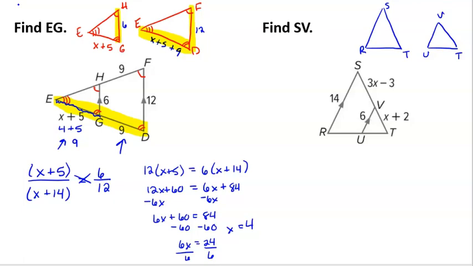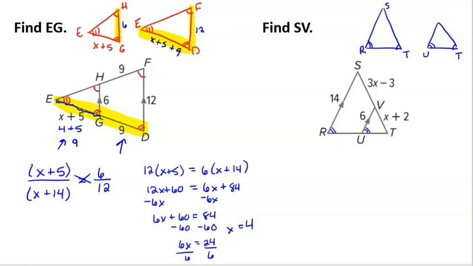And then remember, T's are going to be the same by the reflexive, and then we have these parallel lines, so I know R and U are going to be the same. And then of course I know that V and S are now going to be the same just because they're my third angles.